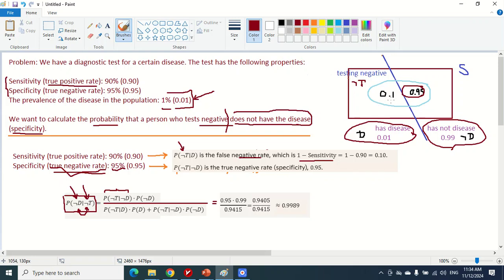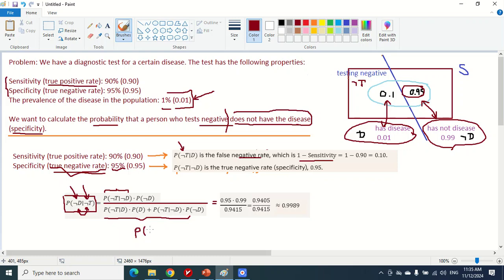Right now, by clearing the situation, the corresponding numbers should be multiplied and added together to calculate the total probability. This means that the denominator determines the probability of a negative test.